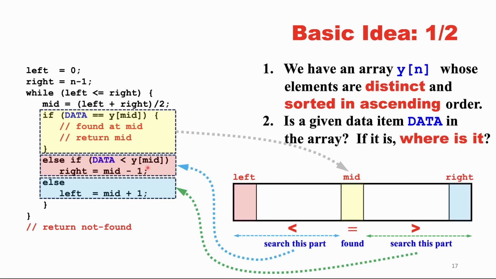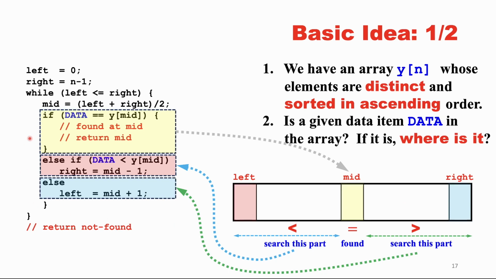If it is less than Y mid, we search the left portion. That is, we move right to this point. Otherwise, we move left to this position, so that in the next iteration, we search the right one.